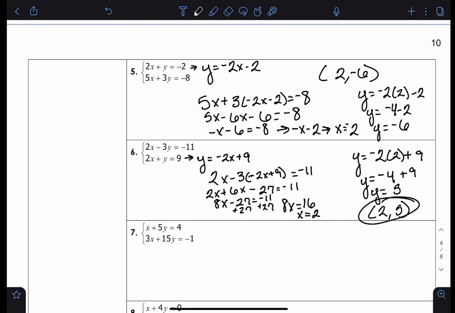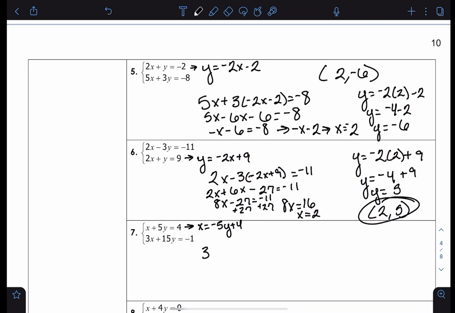Okay. So now moving on to number 7, we have the equation x plus 5y equals 4 and 3x plus 15y equals negative 1. We need to rearrange an equation in order for our x variable to be isolated. So we're going to change this to x equals negative 5y plus 4. And now we can plug our equations into one another.